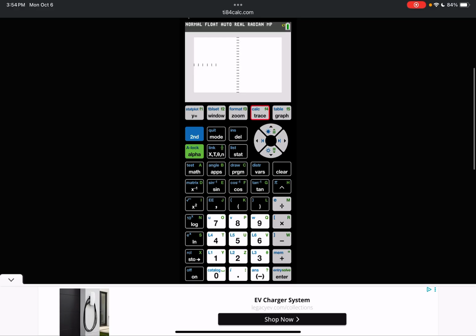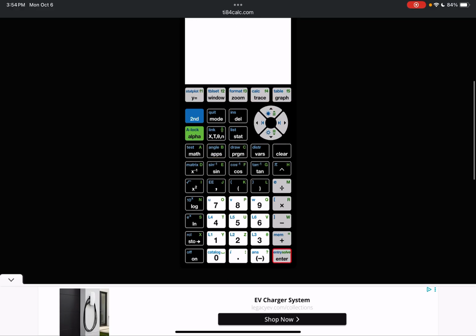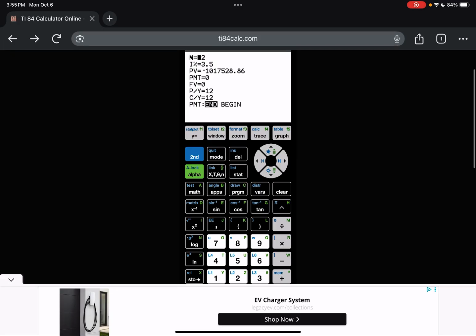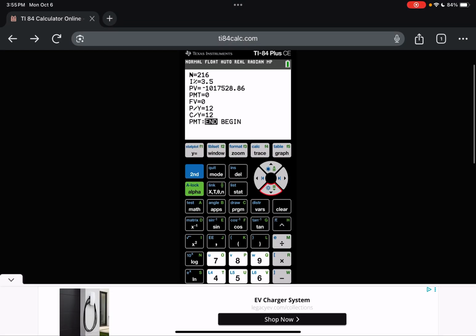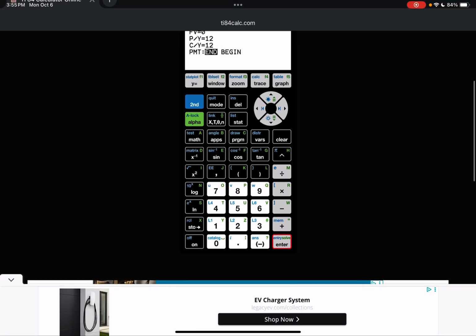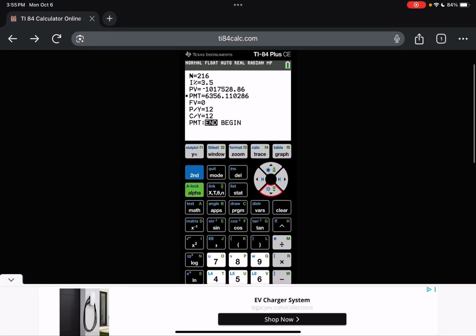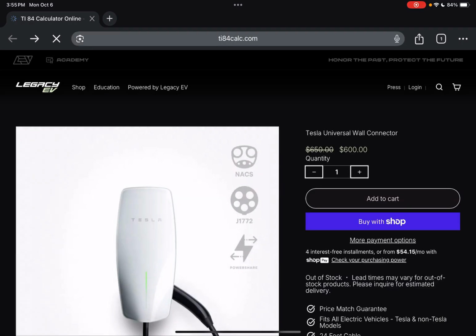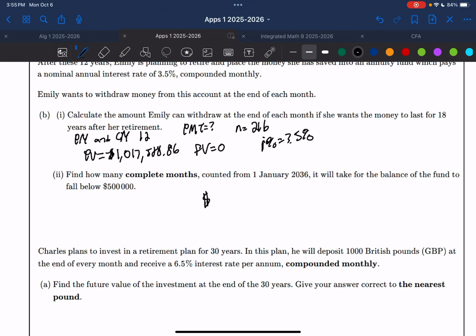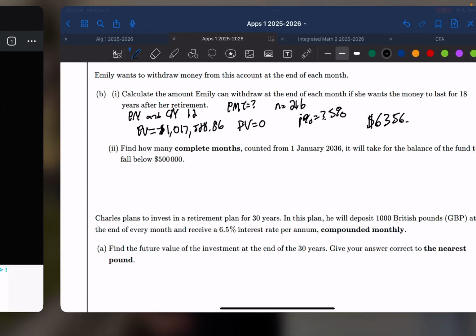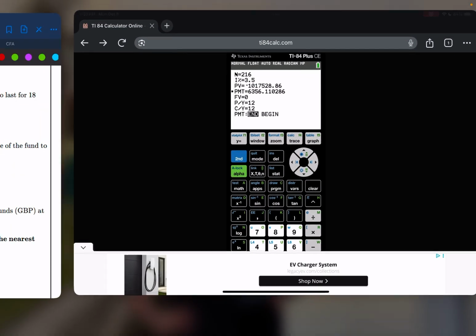They should be 12. And N should be 216. All right, now we can go payment, alpha, enter, and see that that will be monthly payments of $6,356.11.